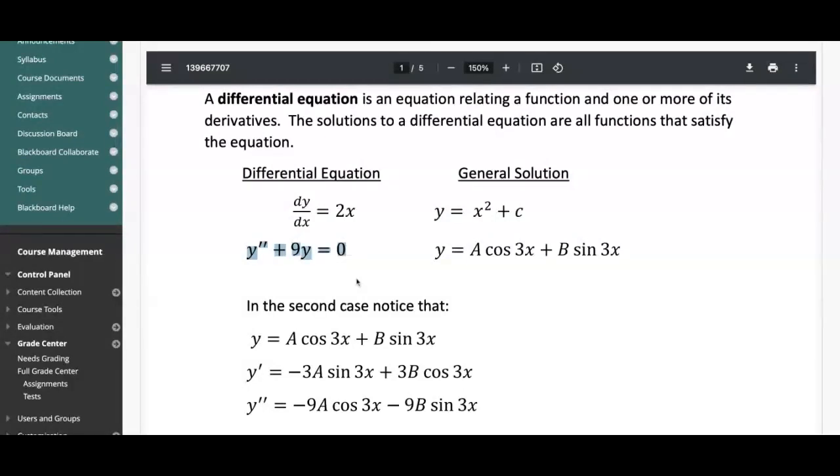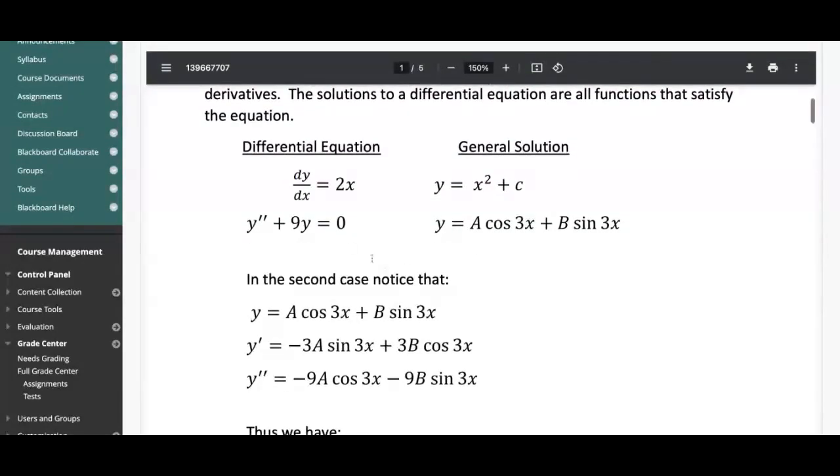This is the second example. This is y double prime. Y double prime means d squared y over dx squared, right, equals negative 9y. We could integrate, right?